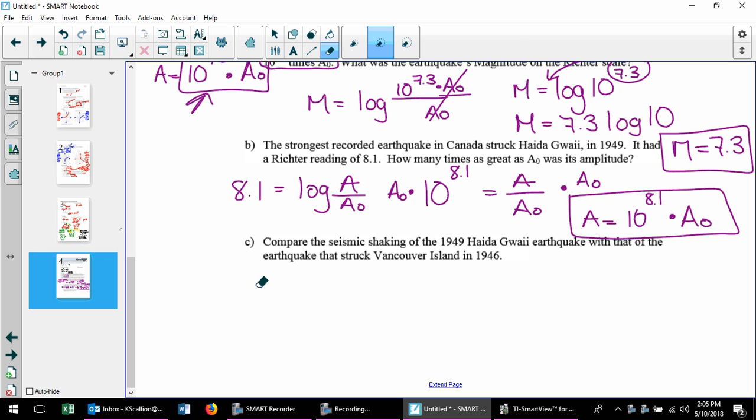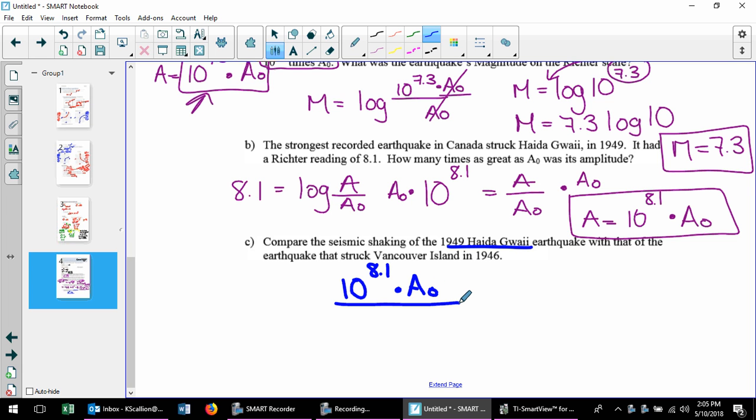That's what they told us to do first. They said compare this one to this one. So what's going to go on top? This A value. So this is going to be 10 to the exponent 8.1 times A initial over, when you're comparing them, you're going to put them in a ratio, which really just means a fraction. And that's going to be 10 to the exponent 7.3 times A initial.